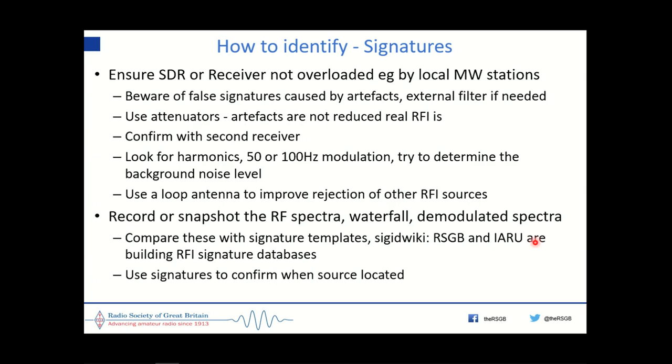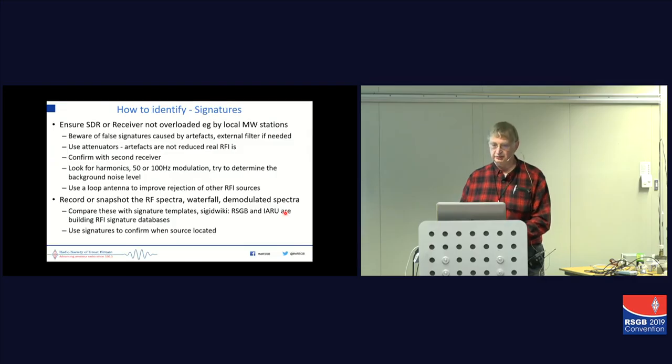And you can use a loop antenna to improve the rejection of the typical noisy, hashy sources you get around here. Once you've done that, get a quick snapshot, compare it with the signature templates, and there's a very good program called SIG-ID Wiki. What that does is it shows you what real signals look like so that you don't end up chasing false signals.